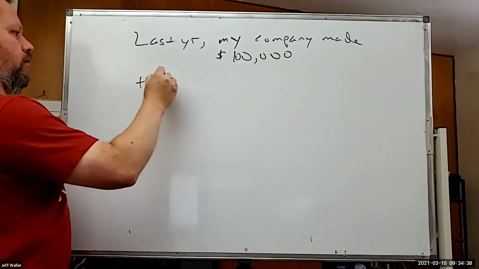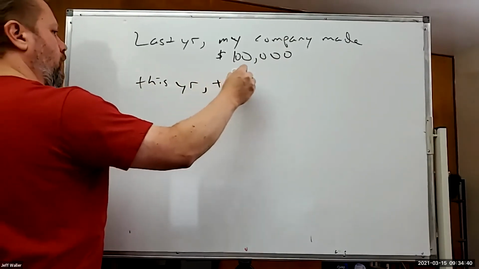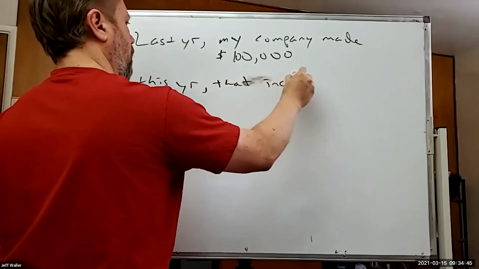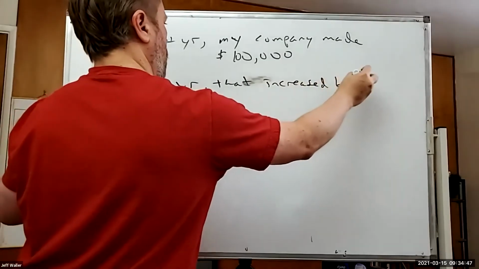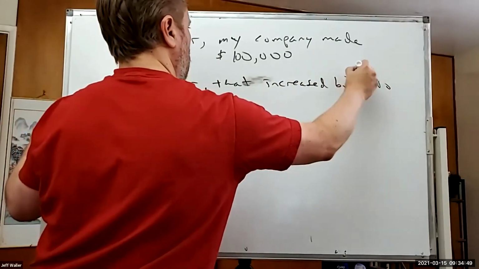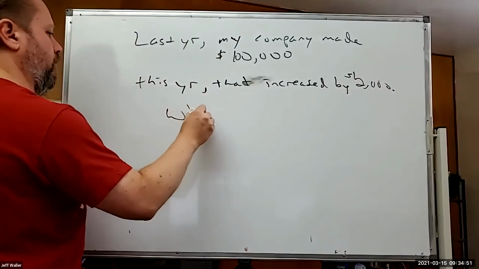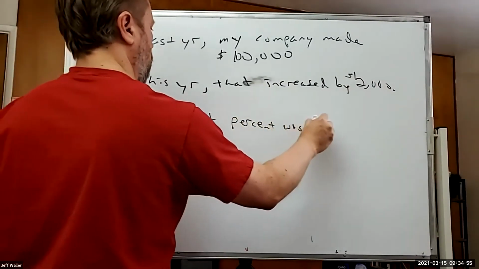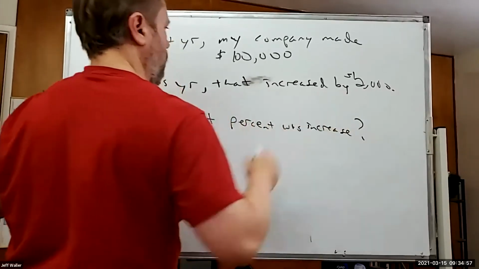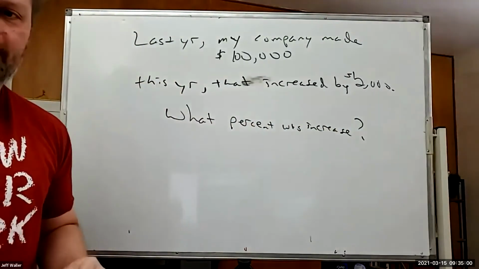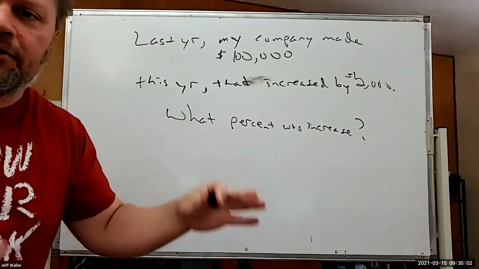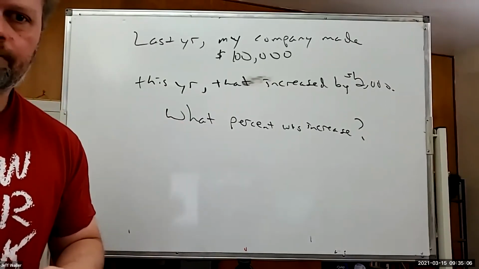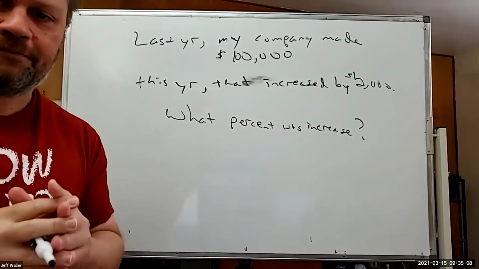This year, that increased by $2,000. What percent was the increase? By what percent did my profit increase? How would I figure that out? 2%. How do you figure that out?